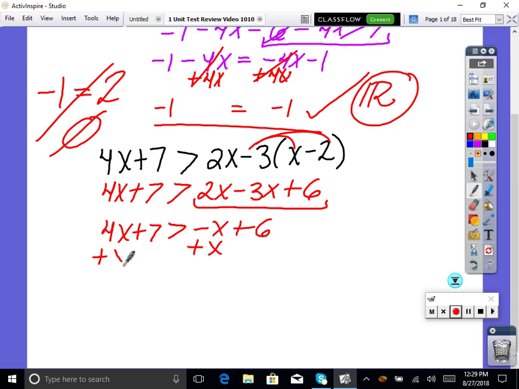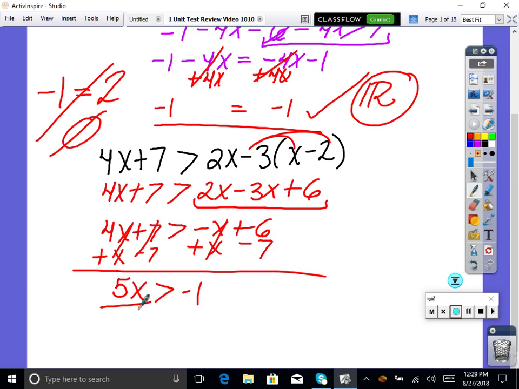Add x, subtract 7. So then on this side we have 5x is greater than -1, divide by 5. So x is greater than -1/5. That's how we would write this one.